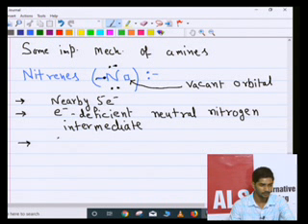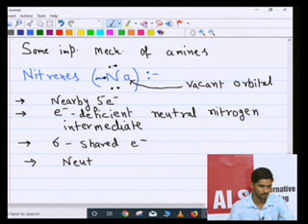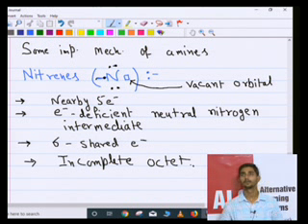So we can say there are 6 shared electrons. Next, it is neutral, which we have already written. Next property is incomplete octet. Note it down, guys.